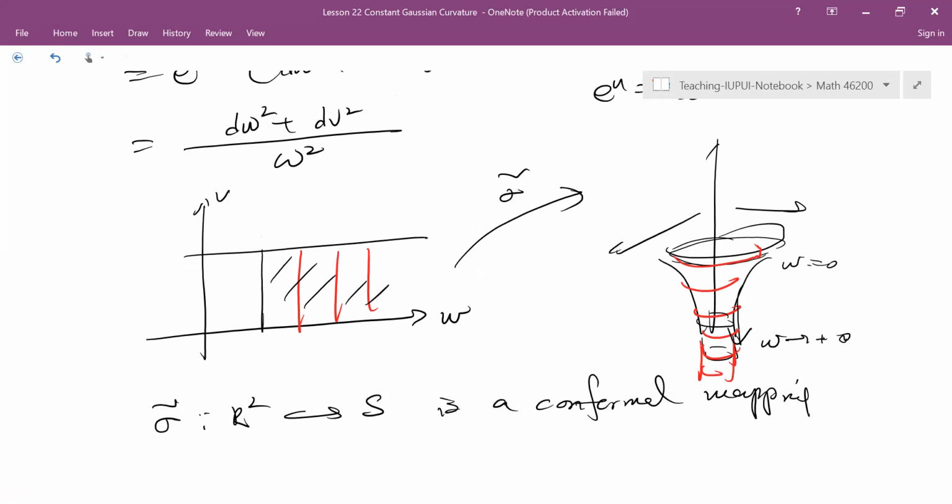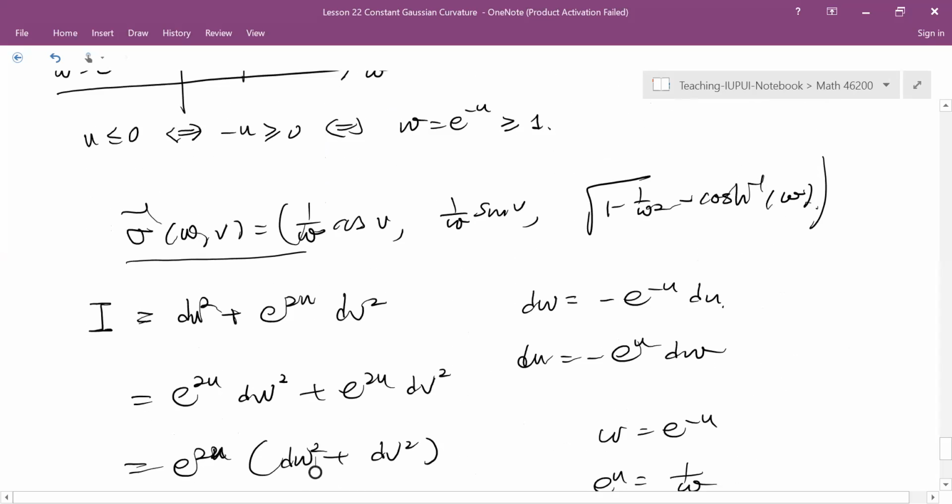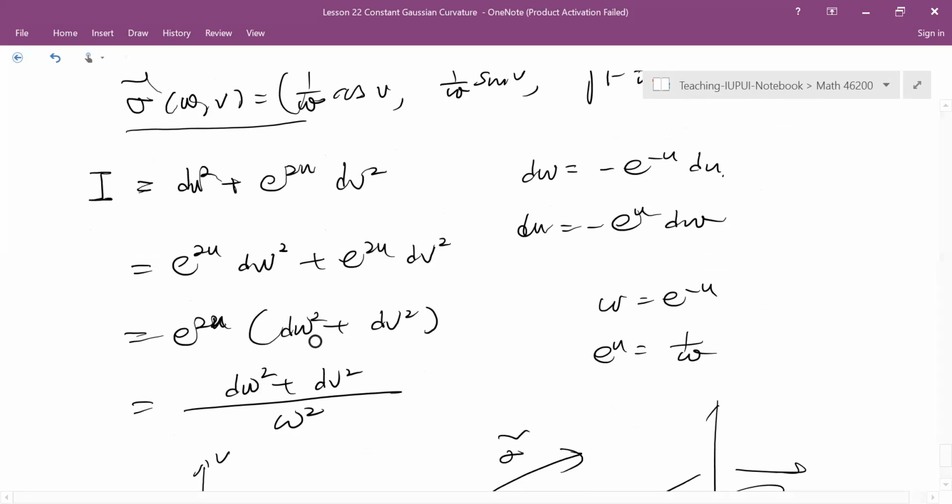This is just a surface patch, a different surface patch. We have two different surface patches here. The first one is coming from the surface of revolution, it's very natural. But for that surface patch, the first fundamental form does not look good, the coefficients here. Now this becomes simpler.